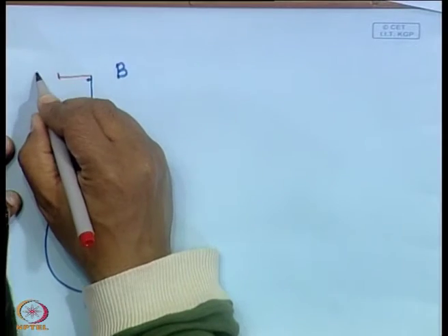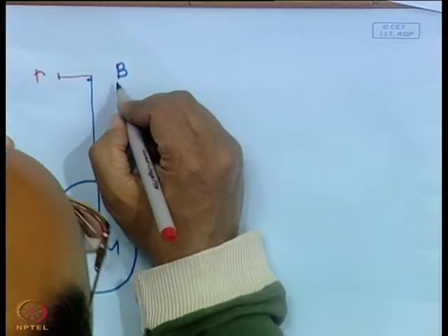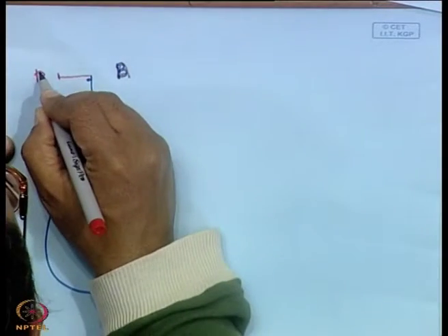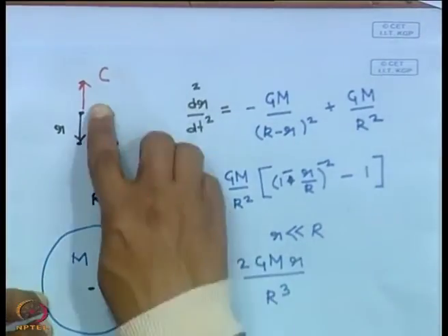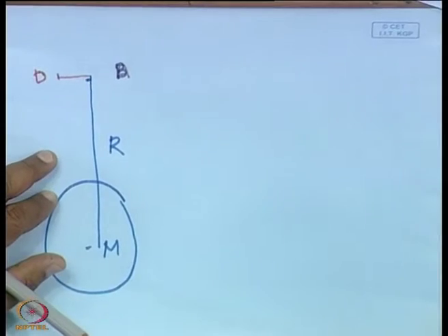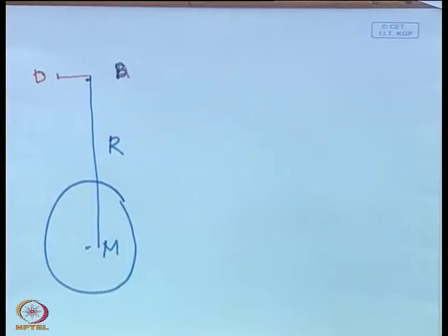So, let us call this D, sorry, this was A, right, let us call this D. So, here I was sitting on A and looking at B and C. Here I am sitting at A again and looking at D, which is in the transverse direction.